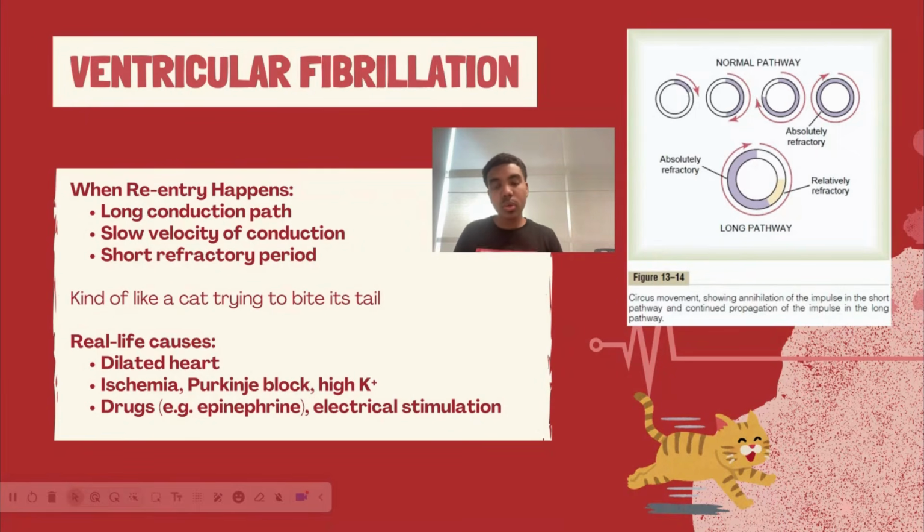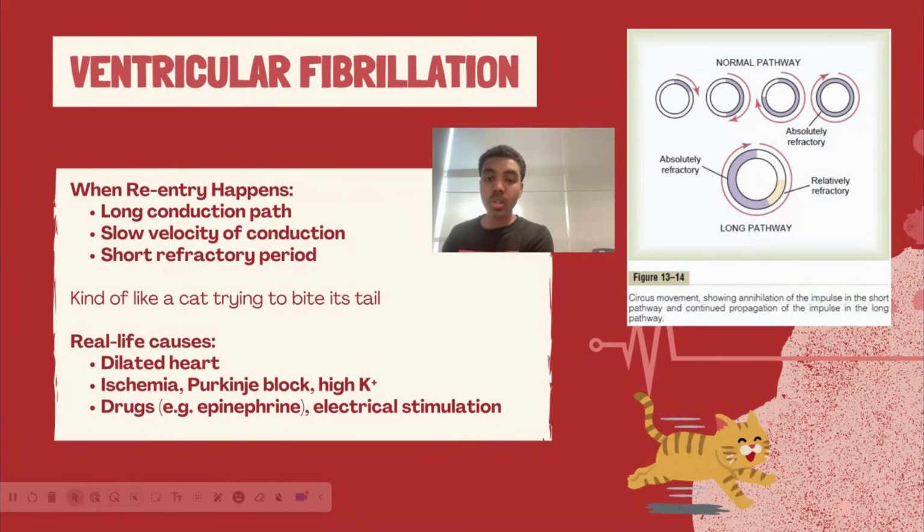The causes of this are a dilated heart, ischemia, Purkinje block, high potassium, drugs such as epinephrine, and electrical stimulation. Now, what do all of these things do? Let's break it down. Dilation of the heart increases the path length, a longer pathway.